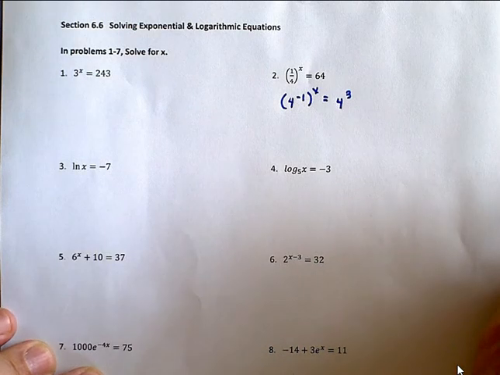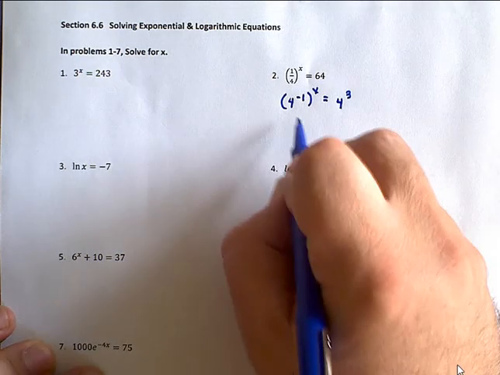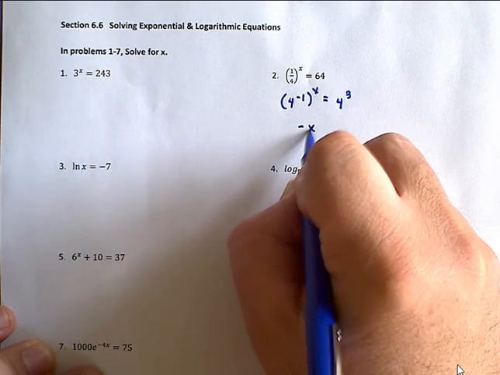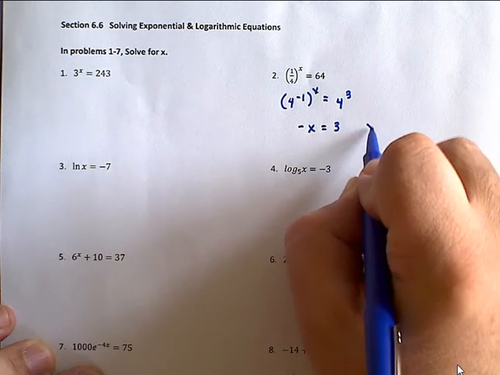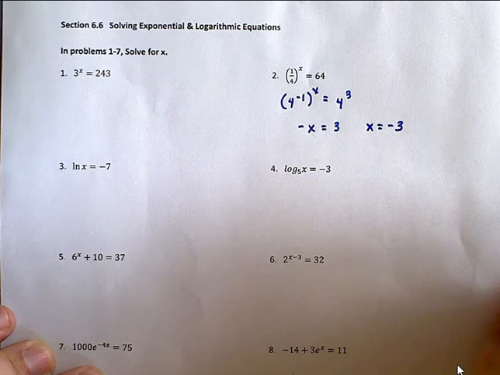So in an exponential equation where the bases are the same, then those exponents are equal, and you get negative x equals 3. So that means that x has to equal negative 3.